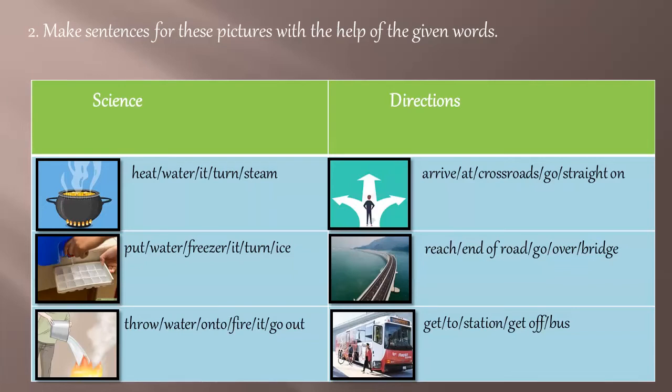Put water freezer, it turn ice. Throw water onto fire, it go out. Arrive at crossroads, go straight on. Reach end of road, go over bridge. Get to station, get off bus.